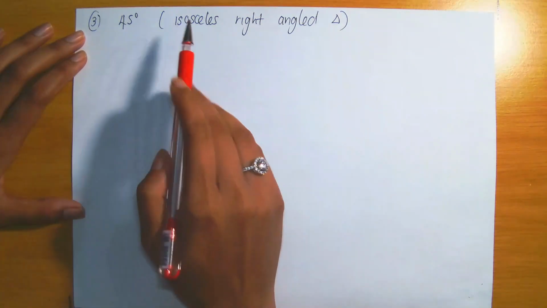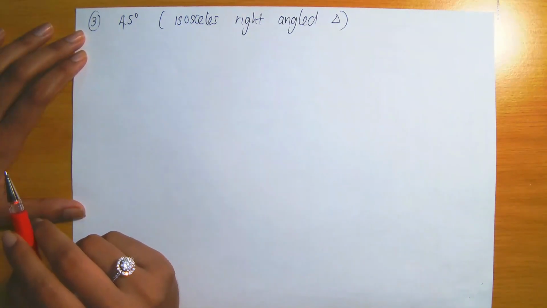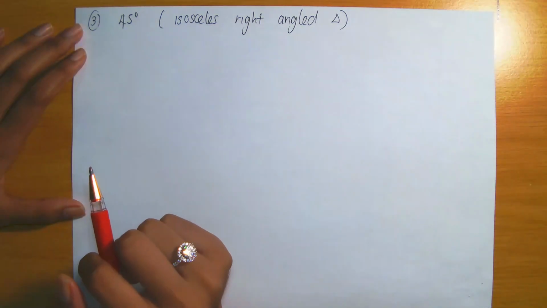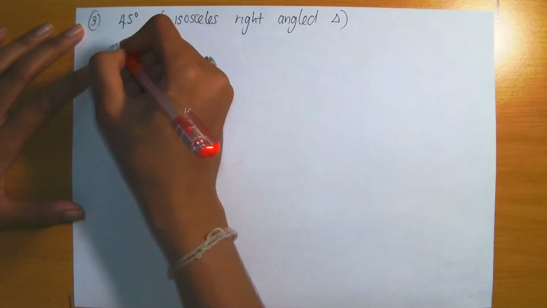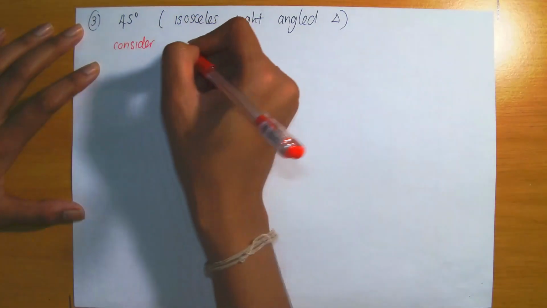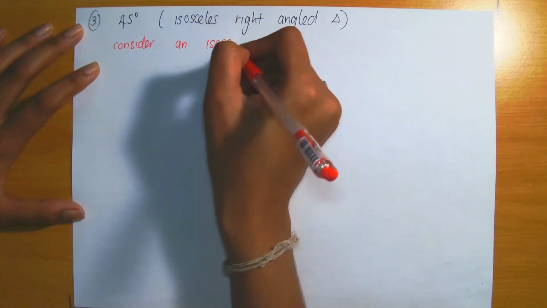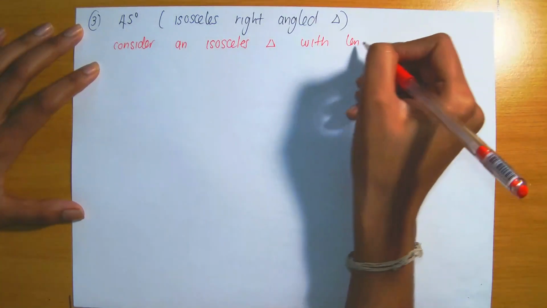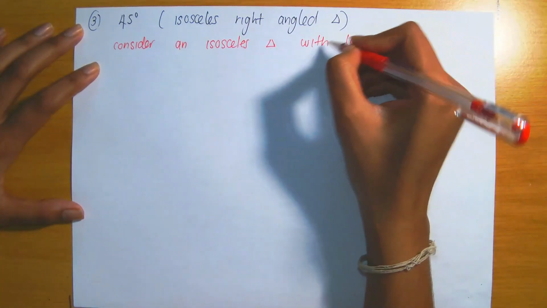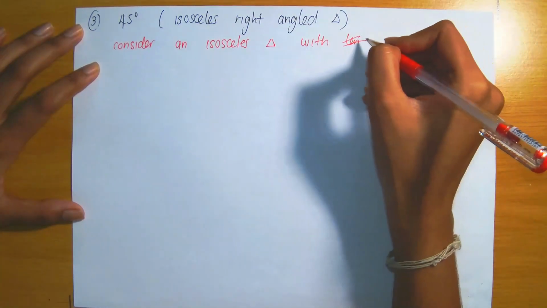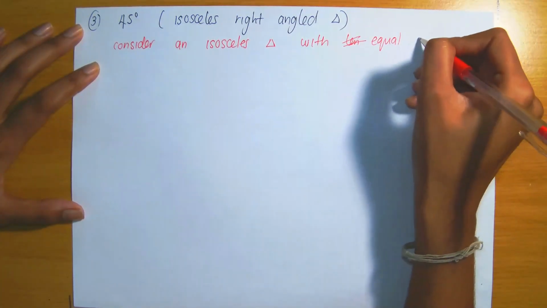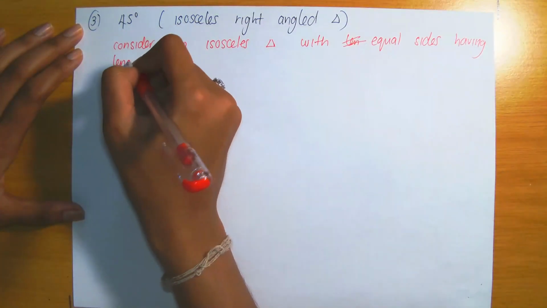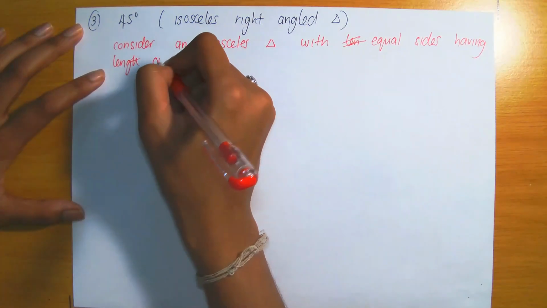Alright, so recall that an isosceles triangle is any triangle in which two sides have equal length, or correspondingly two angles are equal. So consider an isosceles right triangle where the equal sides have length 1.